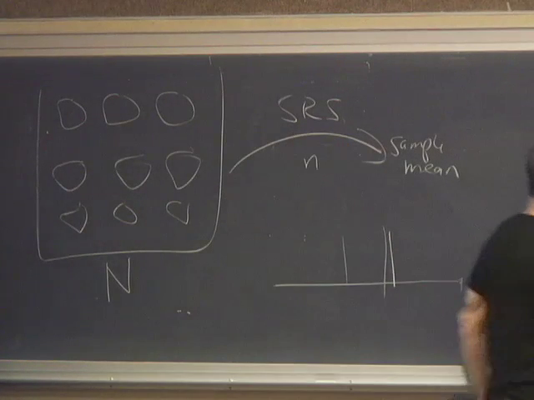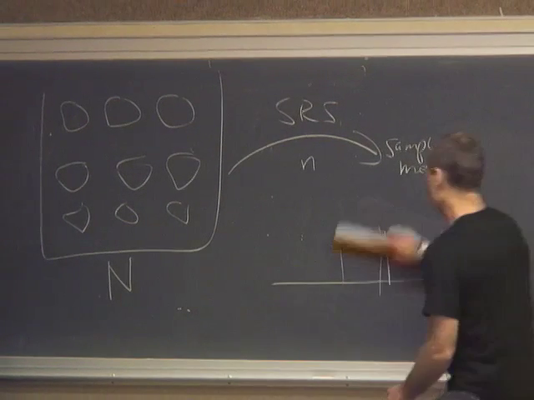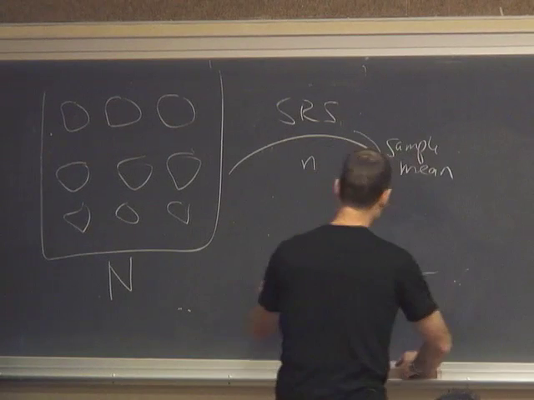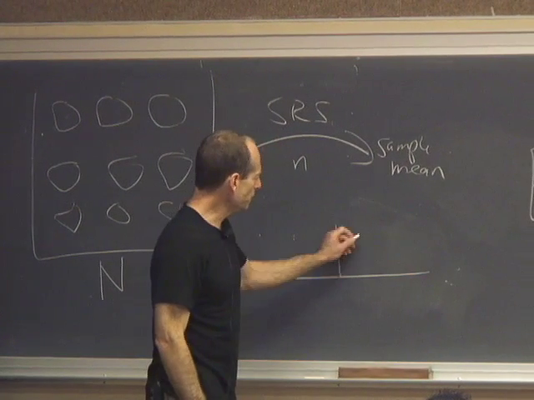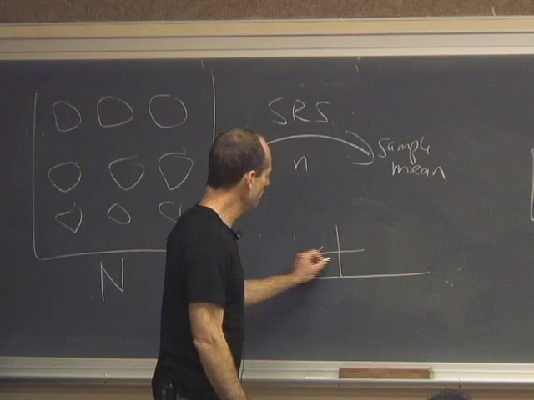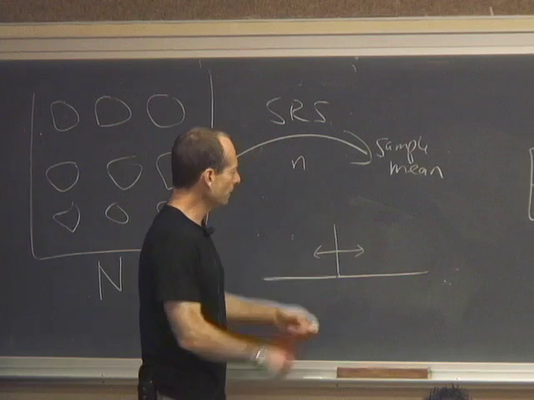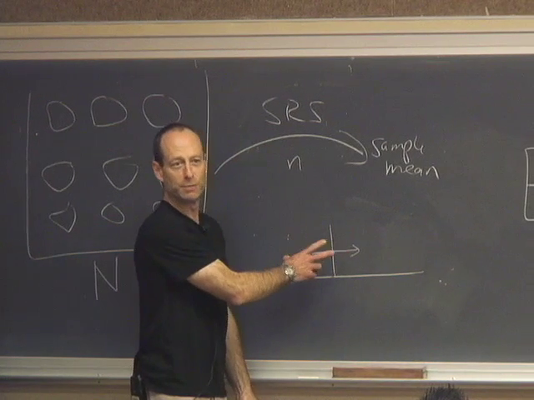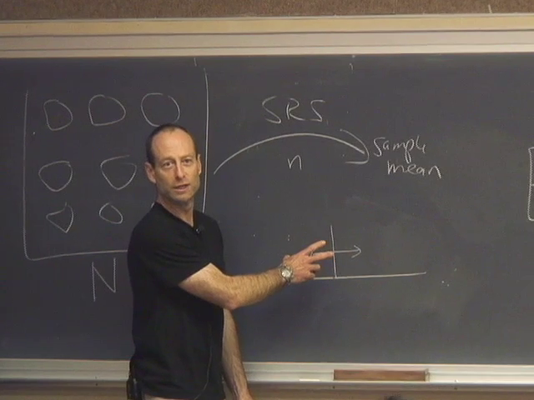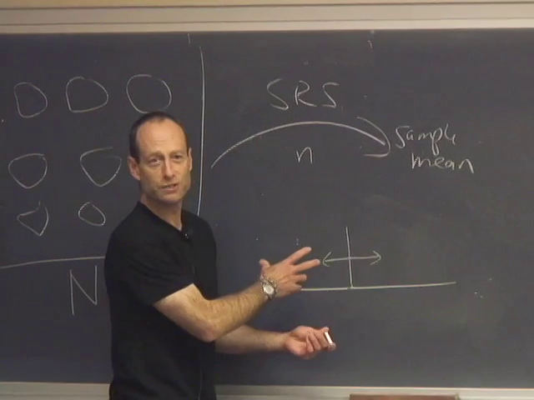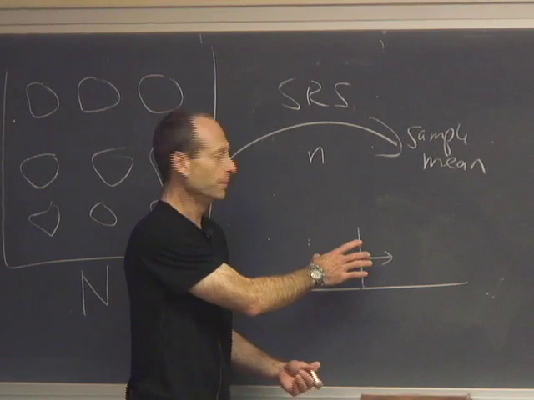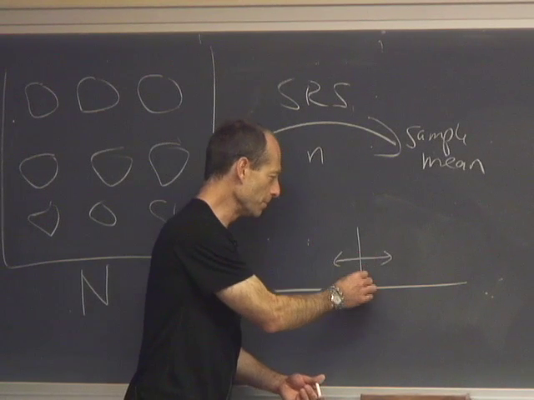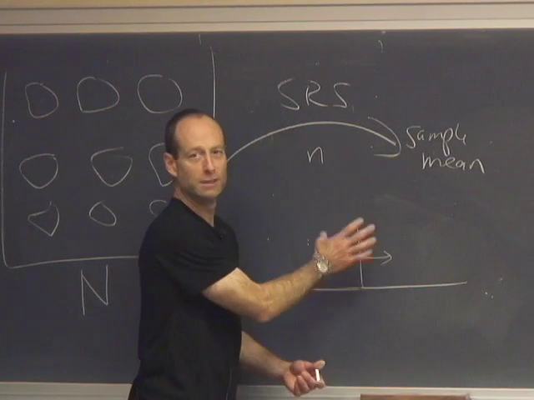We know that typically, if this is the population mean, the sample mean is going to be within about an SE of the population mean. Sometimes more, sometimes less. But the average distance from the population mean to the sample mean is about an SE.